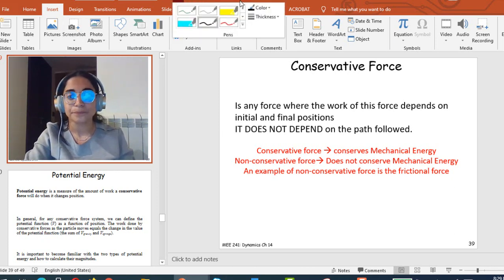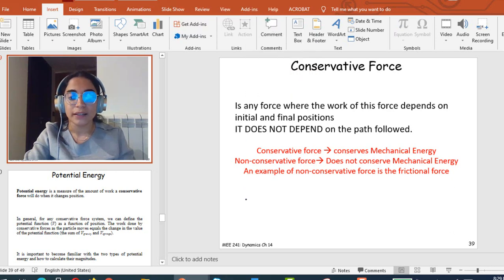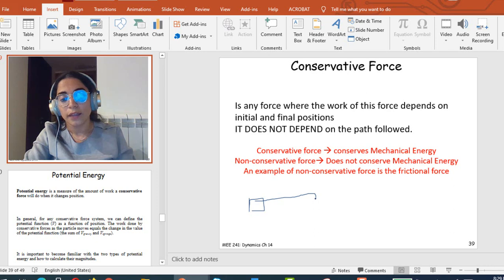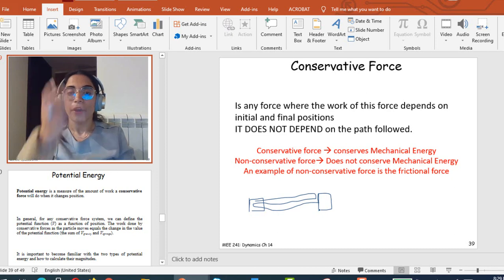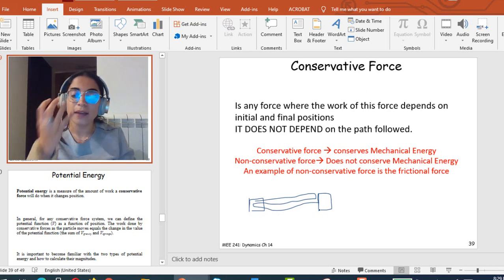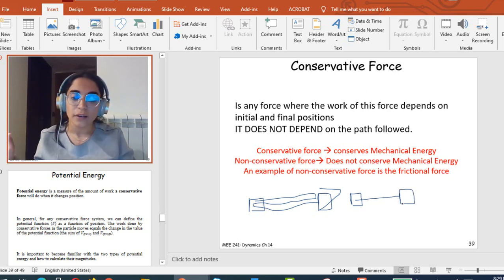For example, if I have a body that is moving to the right, then to the left, then to the right, this body will have a work done by the frictional force much greater than the work done if this body is only moving once to the right.